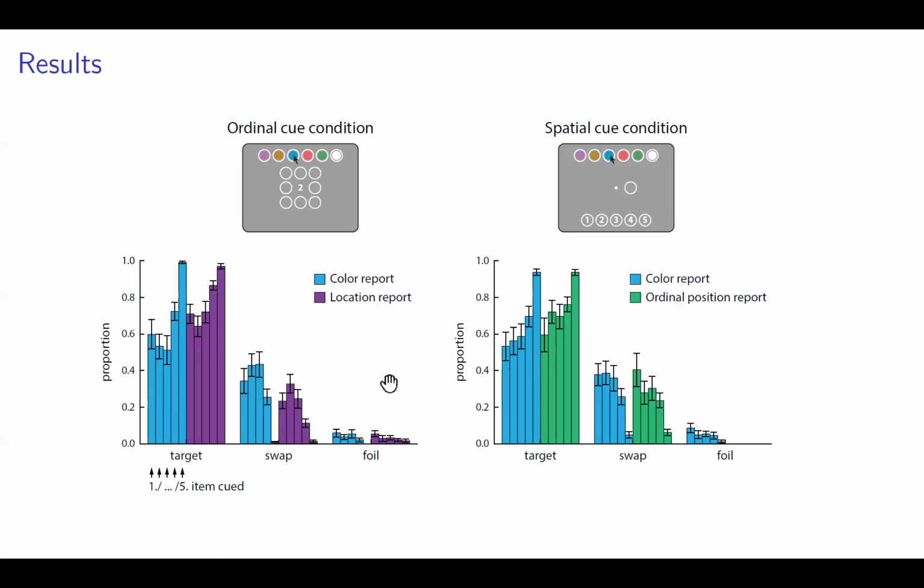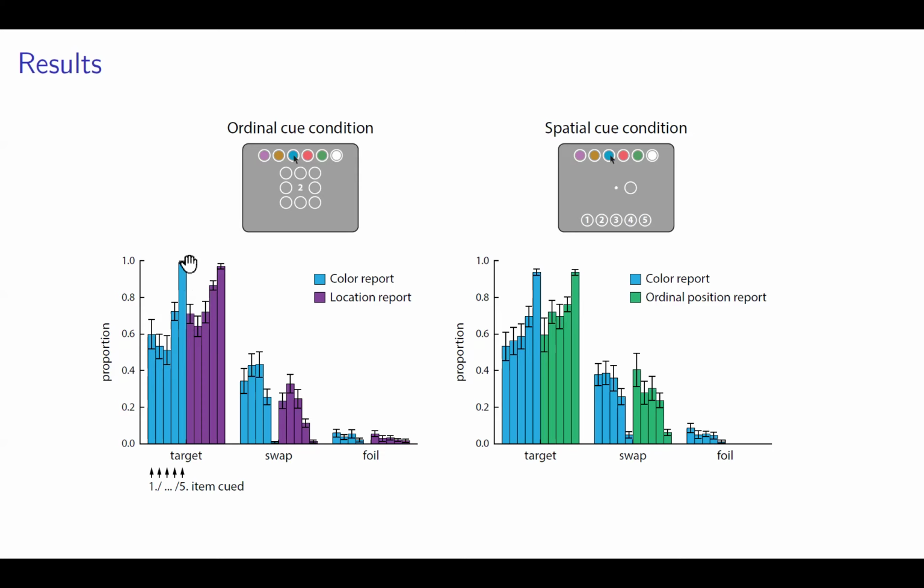What can you see? Performance for the color report, which had to be done as the first response in both tasks, was relatively similar between the two, although you see a bit more ordinal effects in the ordinal cue condition, as you might expect, so they see a bit of a primacy effect in addition to a recency effect.